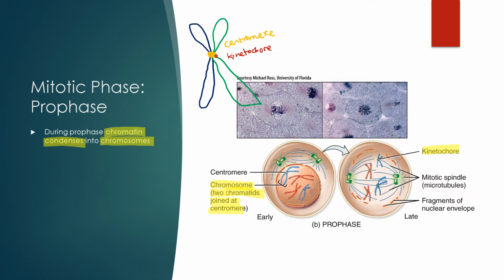Now, a little bit later in prophase, here we have early prophase and late prophase. This is when tubulins in the centrosomes are going to form the mitotic spindle. So here we have those centrosomes in green. Kind of talked about them a little bit before. We have these mitotic spindles growing off of those centrosomes.